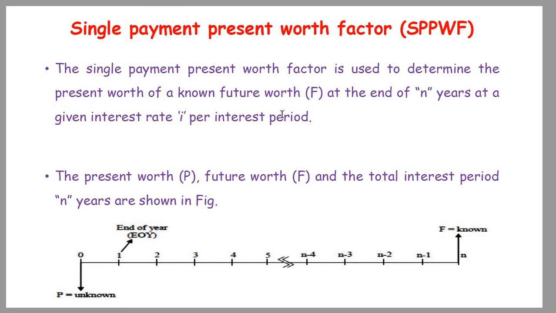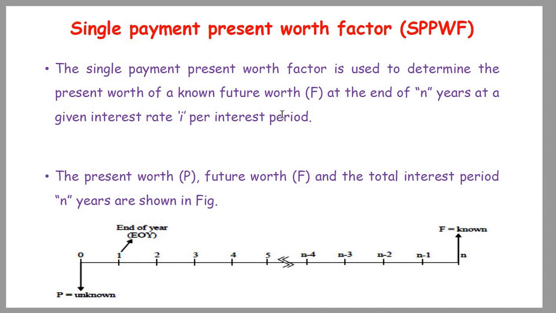So how much amount has to be invested in a bank so that at the end of 10 years I can get 1,50,000 rupees from the bank, with a certain rate of interest, say 10%.